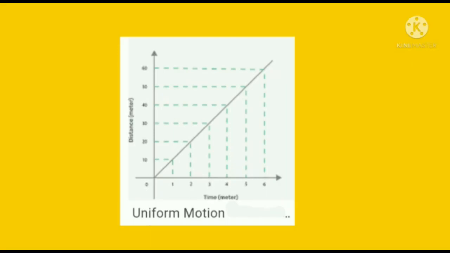So, the uniform motion graph is a straight line from the origin.